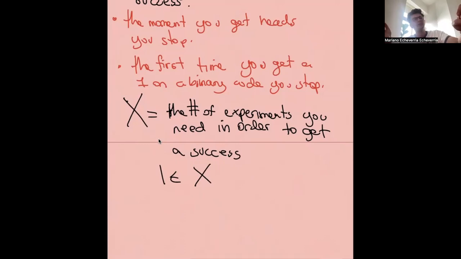So actually the values for X are going from 1 to infinity. Is that making sense? Because you may have to wait like an eternity to get a win. We wouldn't expect that to happen that often, of course, but it is a possibility. So the number of experiments needed may just go from 1 to infinity. Is that clear?